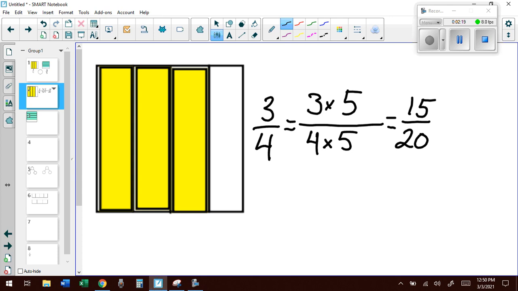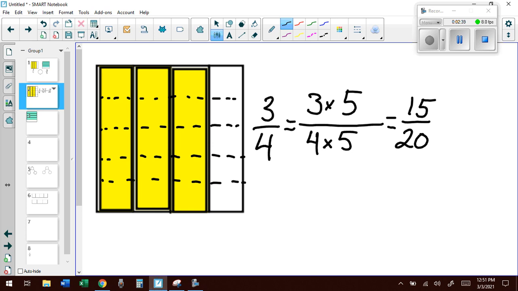Now, seeing that I multiplied them by 5, I am going to partition this into fifths. And we're going to see if this area model will now match what I have written here.